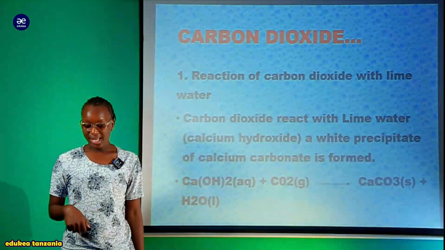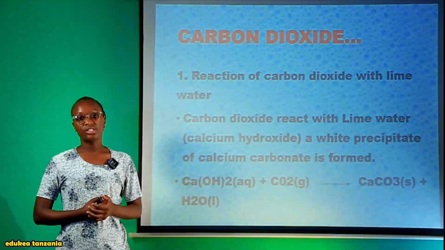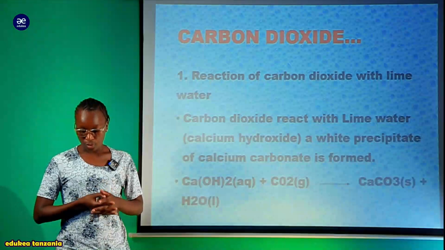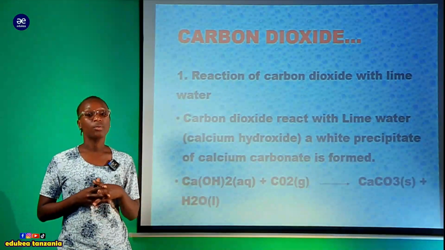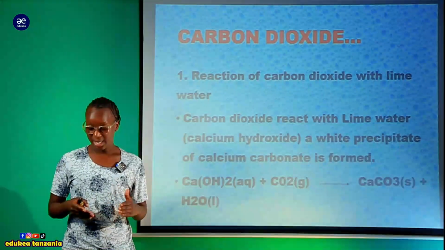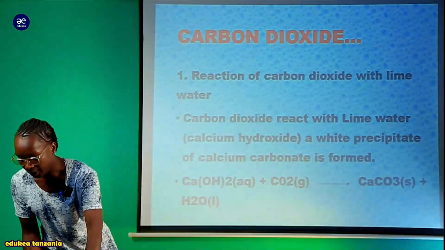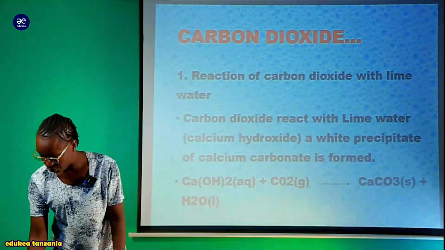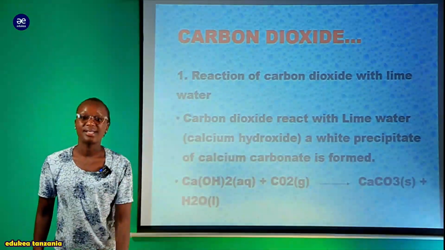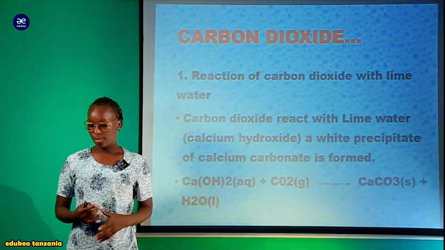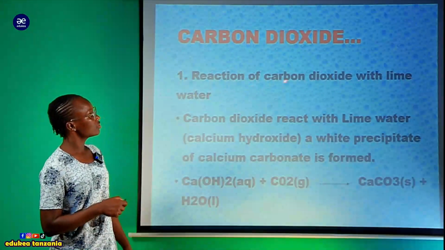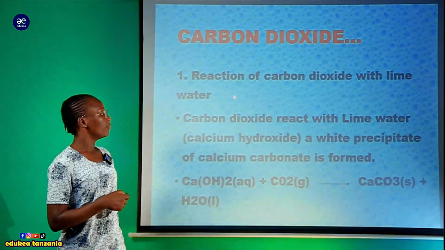Now let us start the chemical reactions of carbon dioxide. When we talk about chemical reactions, my students, here we are going to look at the ability of carbon dioxide to react with other elements or compounds. The first one is the reaction of carbon dioxide with lime water.